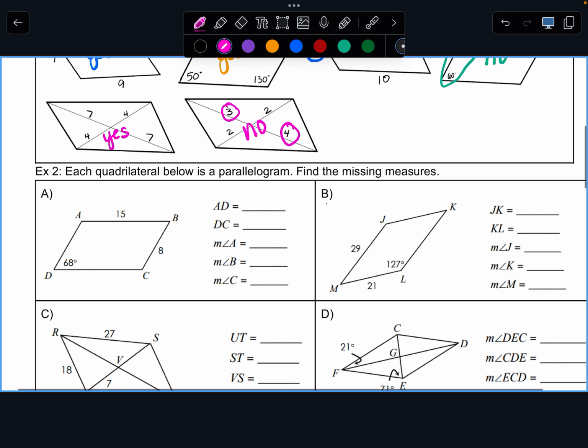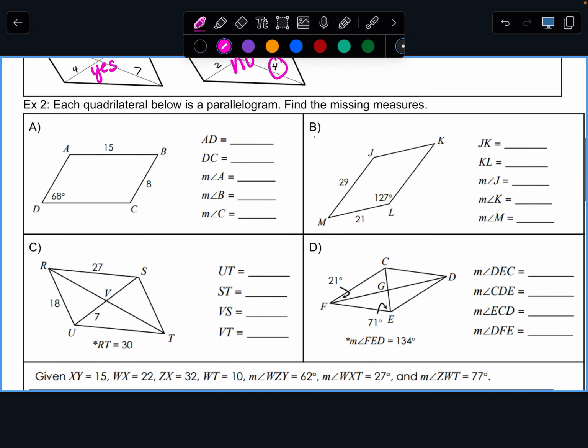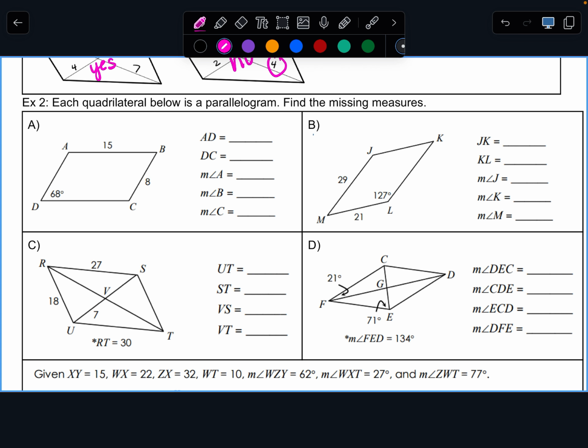Okay. Now we're going to start finding the missing side lengths or the missing diagonal lengths and the missing angles. So we're given a figure and we're given some of the measures. We need to fill in the rest. So AD is 8. Because we're already told that it's a parallelogram, we know that opposite sides are congruent.